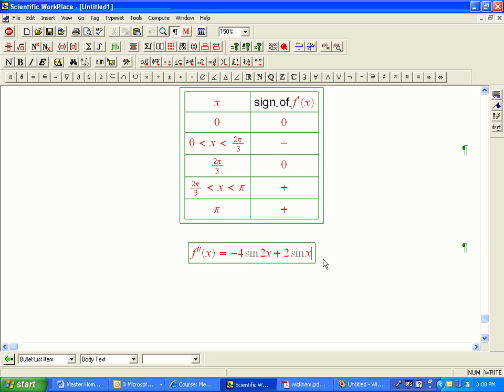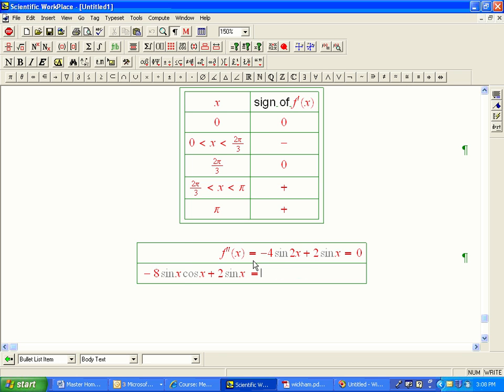And then we want to do a sign chart for that, so we want to set that equal to 0, and again, use trig identities. So we're going to have minus 8 sine x cosine x plus 2 sine x equals 0. We can factor out a 2 sine x times 1 minus 4 cosine x equals 0.